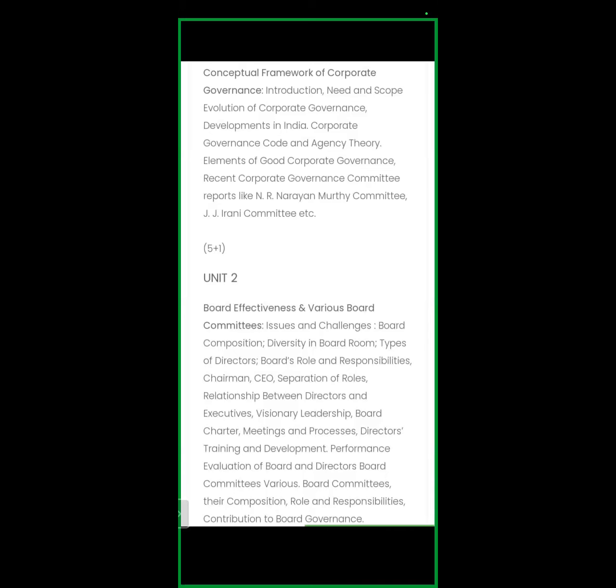This is a term which has become very much relevant within the business world after the emergence of the LPG policy adopted by the government of India in the year 1991.